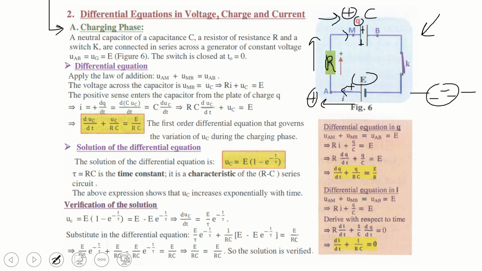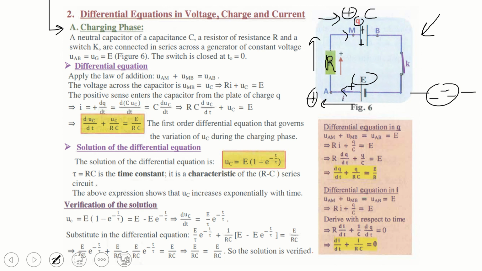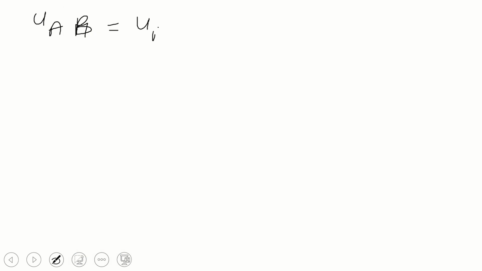Now, let's consider the law of addition of voltage through the circuit. So UAB equals UAM plus UMB.